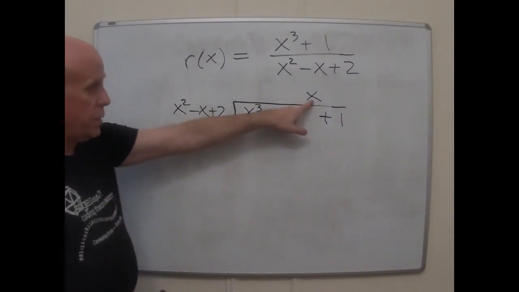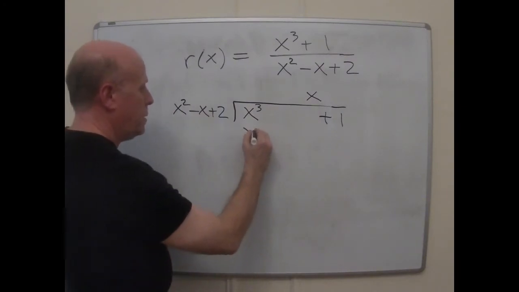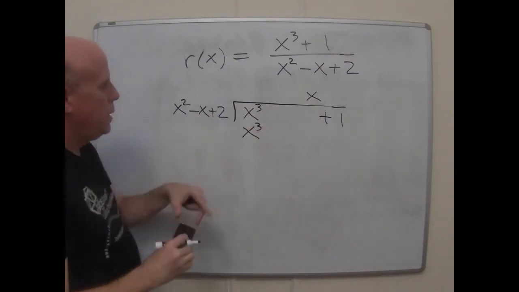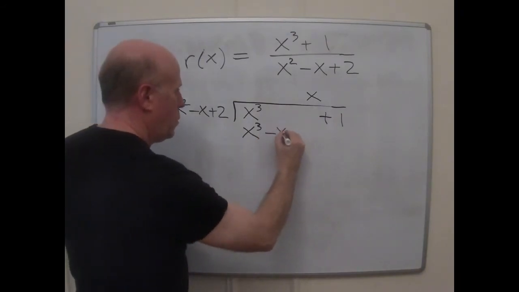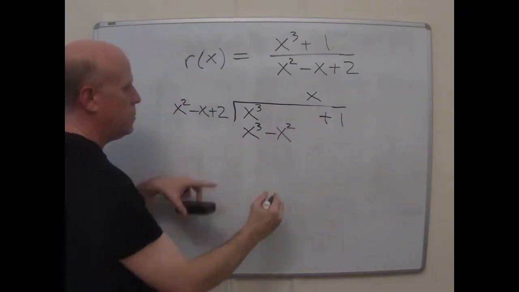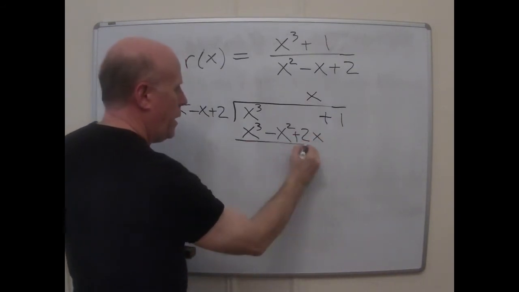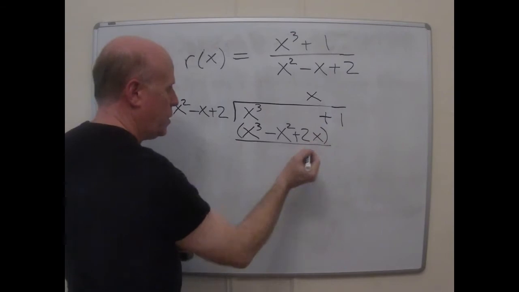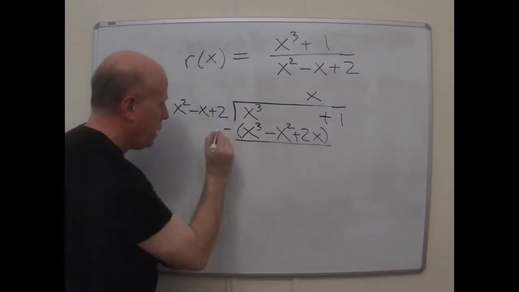Then, like we did with numbers, you multiply back. So x times x squared gives us x cubed. x times minus x, that's minus x squared. x times plus 2 is plus 2x. And that is going to be subtracted from what's above it. So we'll subtract that.